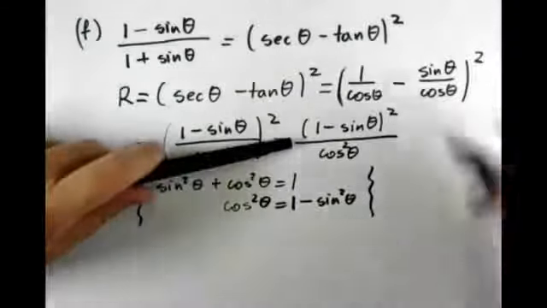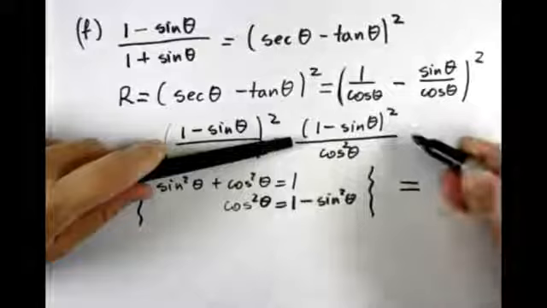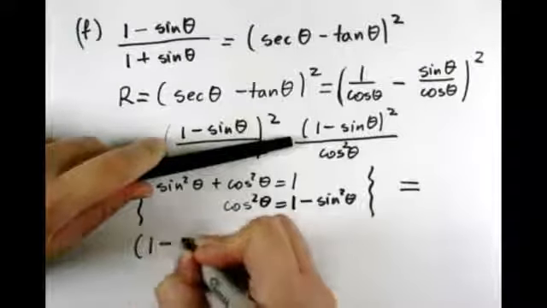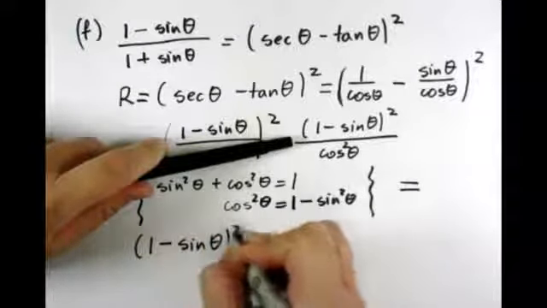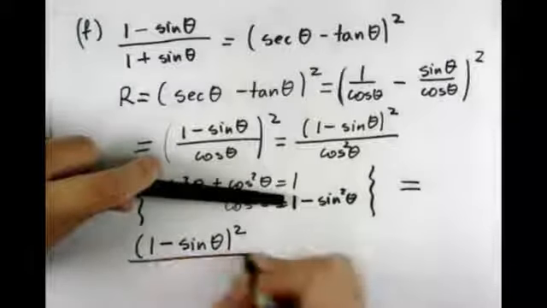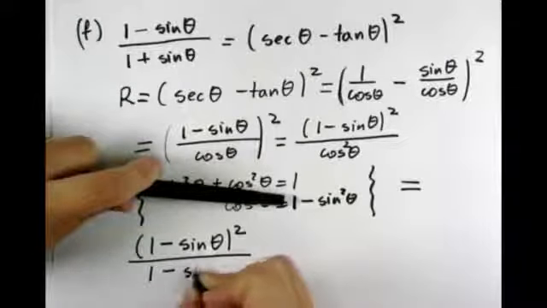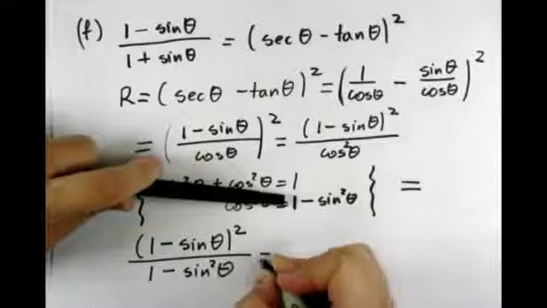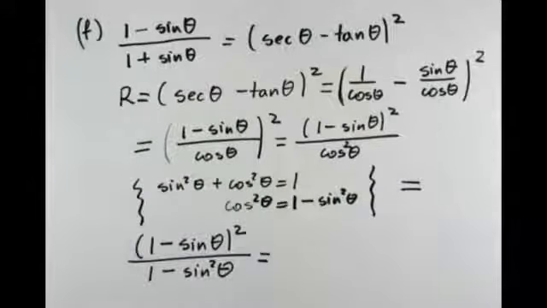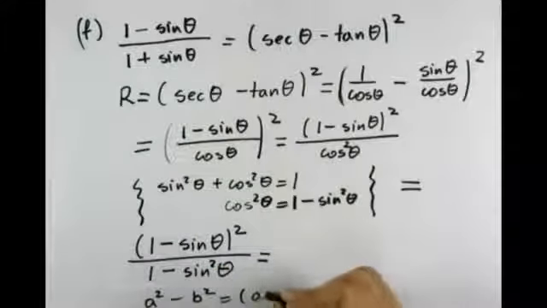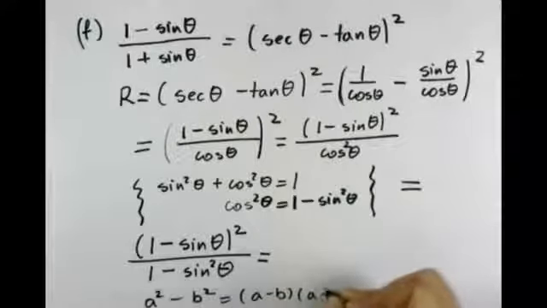So what we have is the bracket 1 minus sine theta and square it, and on the bottom, 1 minus sine square theta. Now on the bottom, we can use the formula a squared minus b squared, which factors as a minus b times a plus b.